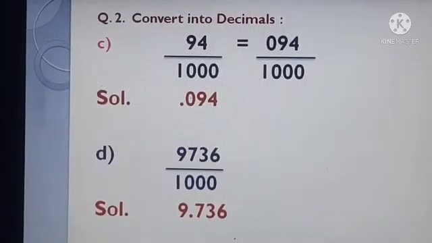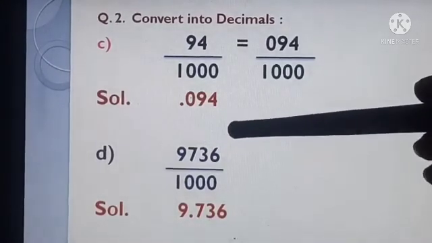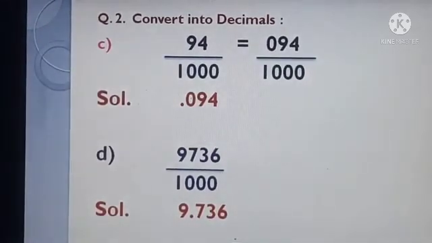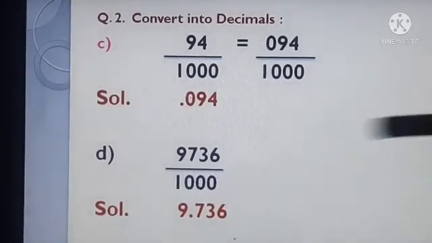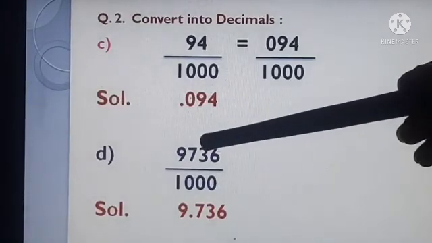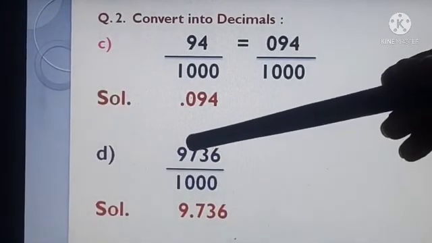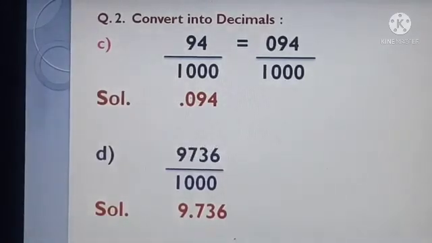Now our D part. 9736 upon 1000. In the denominator 1, 2 and 3 zeros are there. Start counting in the numerator: 1, 2, 3. Here we will put the decimal after 9, before 7.